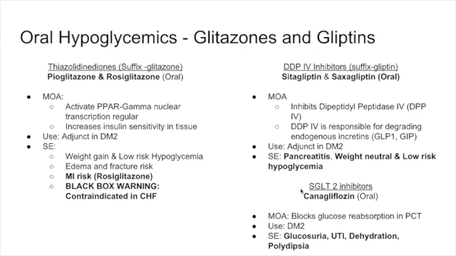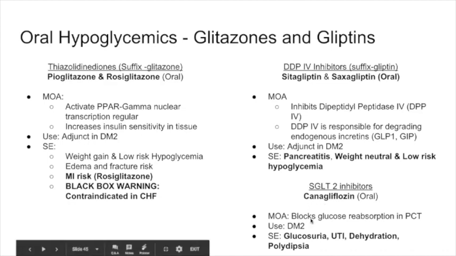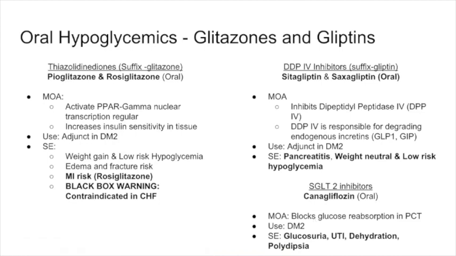The last oral hypoglycemic that I'm going to talk about is the SGLT2 inhibitor, which is sodium glucose transporter 2 inhibitor. The medication in that class is called canagliflozin. How it works is that it blocks glucose reabsorption in the proximal convoluted tubule.